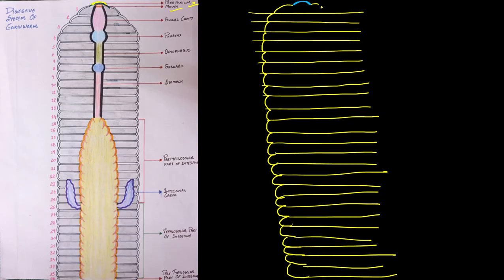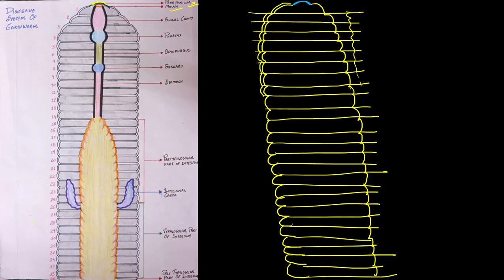Now, whatever these extra segments are there, you are supposed to remove them later on. You can draw it double also. I have drawn it; it gives a little good appearance as well.